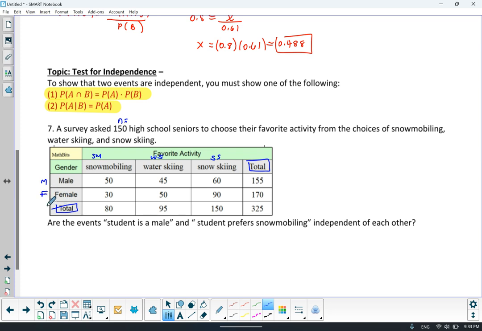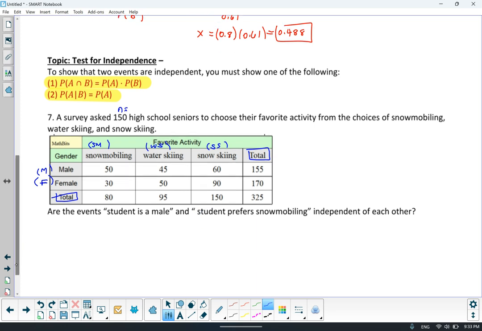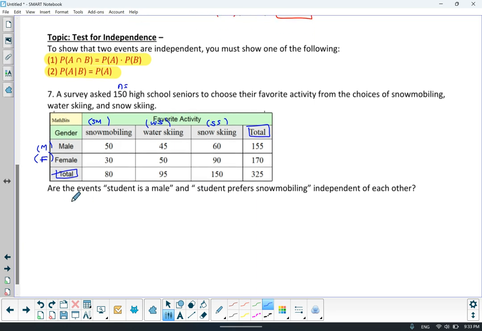If you use abbreviations, it should be shown somewhere so the reader understands what your abbreviations mean. It has to be clear to the reader. So using symbols in the table, as long as it's clearly shown, is important. It's also important to have proper probability notation, otherwise you will not receive credit.